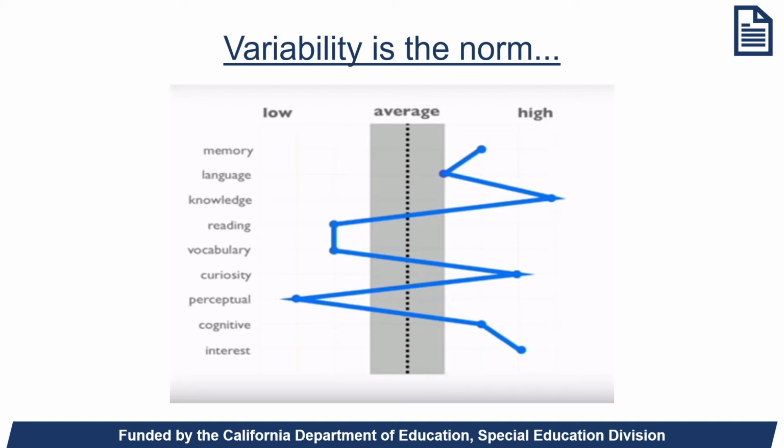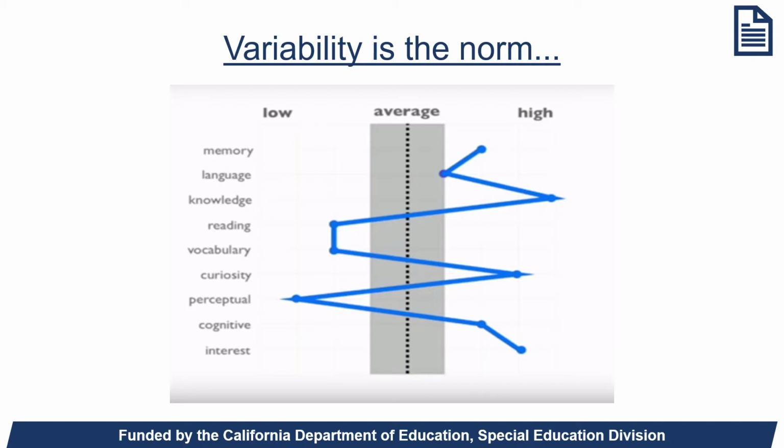However, there's a tendency to teach to this mythical average. Yet there's plenty of research about learning that confirms there is no average learning profile. Much like the jagged physical profile we just discussed in the previous slide, individuals also have a jagged learning profile. So when we teach to the average, so many learners are left out.